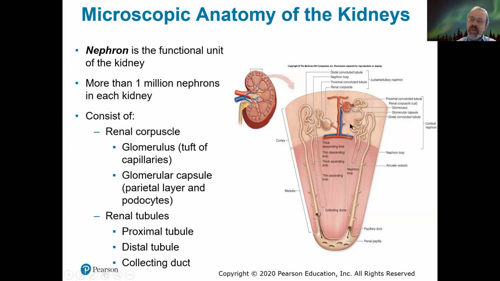It's called convoluted, as you can see, for obvious reasons. So this is the proximal convoluted tubule. This connects into this hairpin-looking structure. Here's one here. This area, as well as others, is known as the distal tubule.